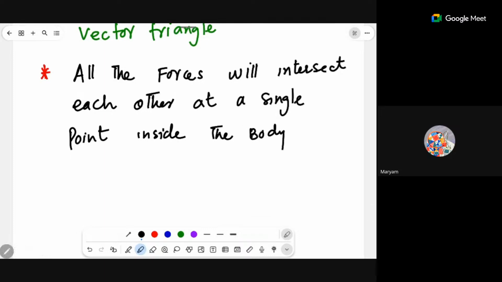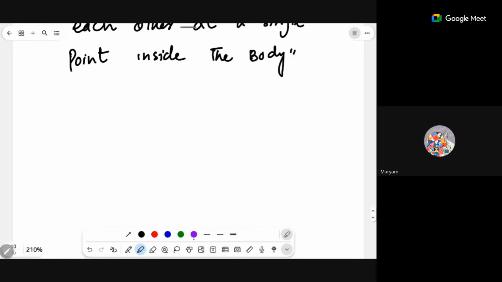In these two cases, a closed vector triangle means that if you have three coplanar forces, this, and this, once you draw their closed vectors, they must be drawn in this way.